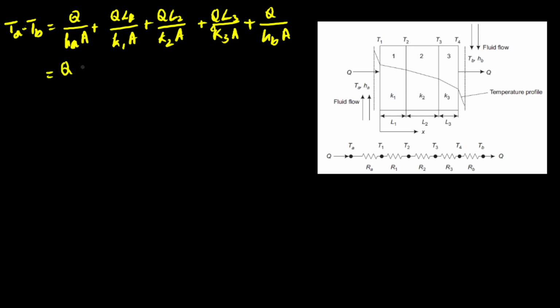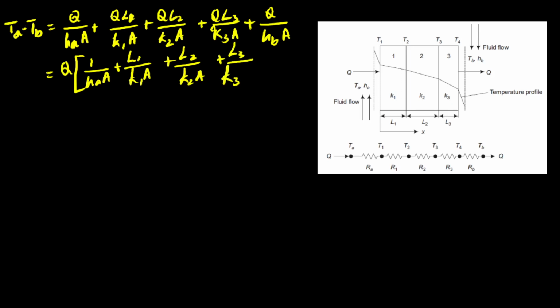So I'll write Q into 1 divided by HA into A plus L1 divided by K1 into A plus L2 divided by K2 into A plus L3 divided by K3 into A plus 1 divided by HB into A.